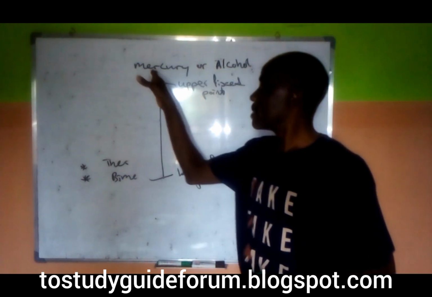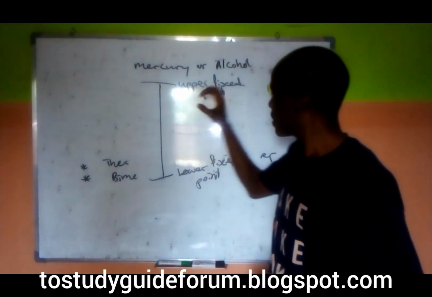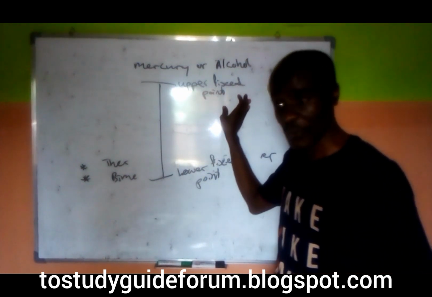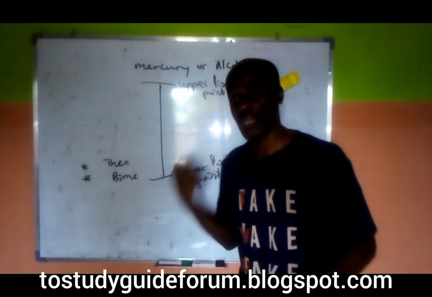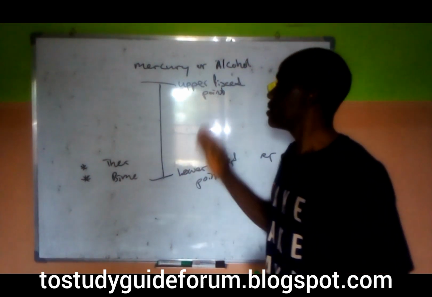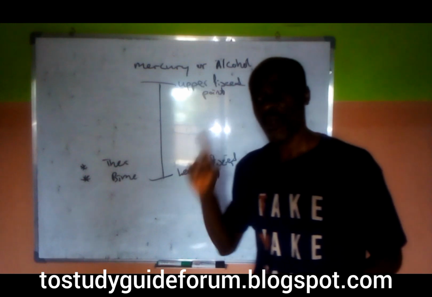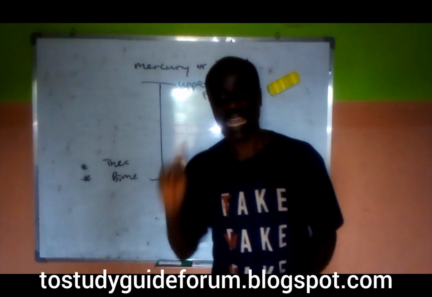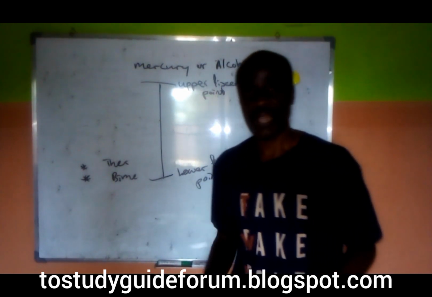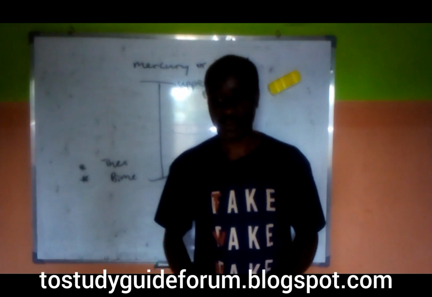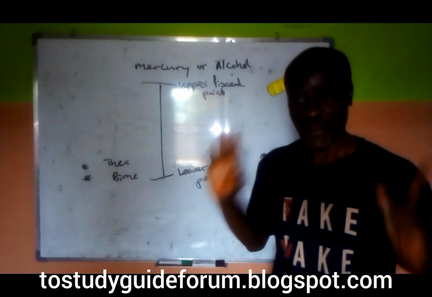So this thermometer, I said something about the upper fixed point. The upper fixed point is the temperature of the steam from what? Pure water boiling at standard pressure, not temperature, please. Standard what? Pressure.